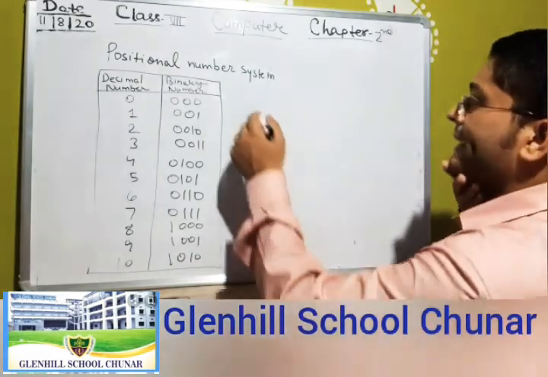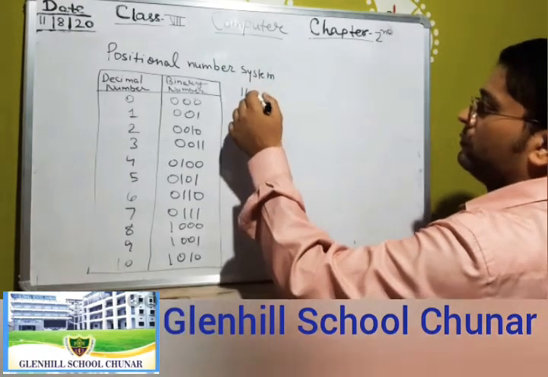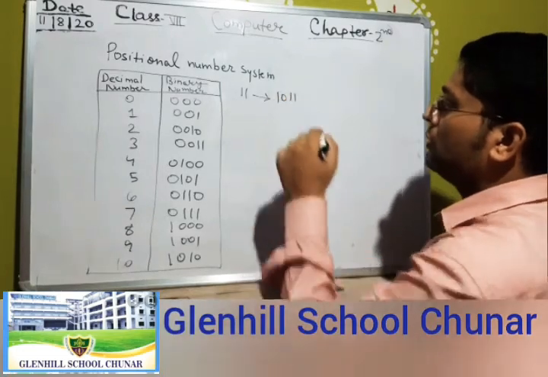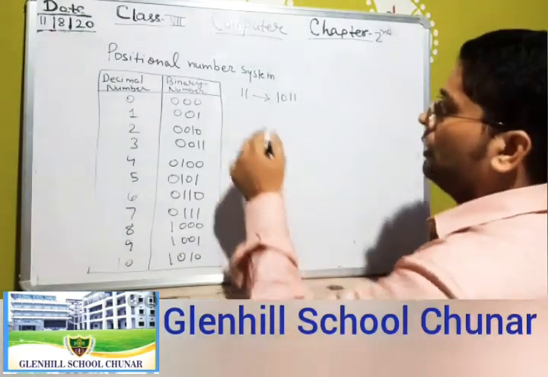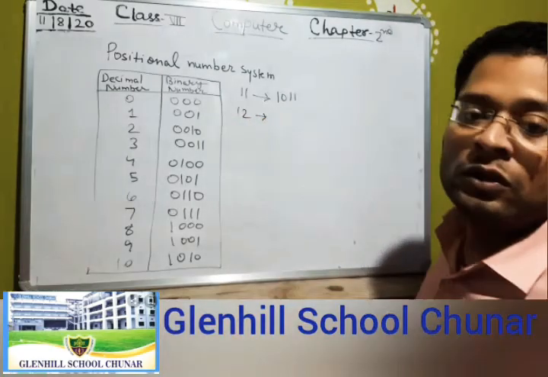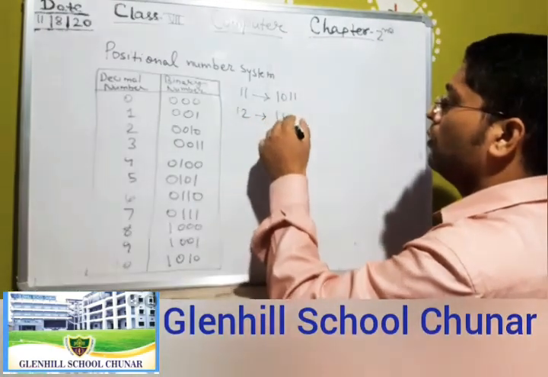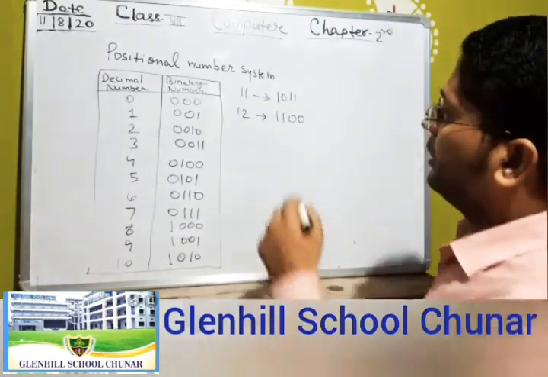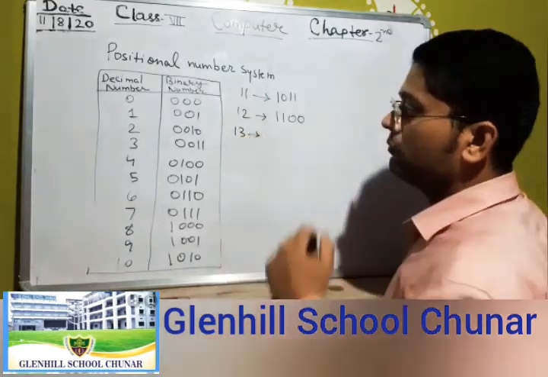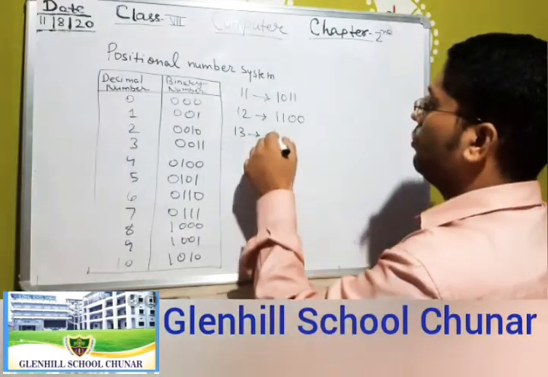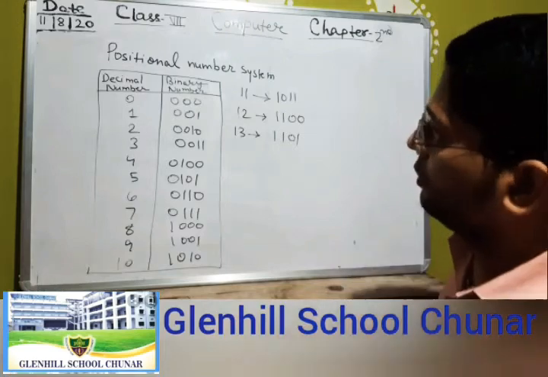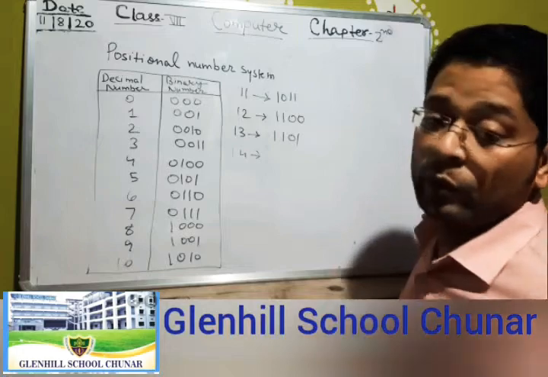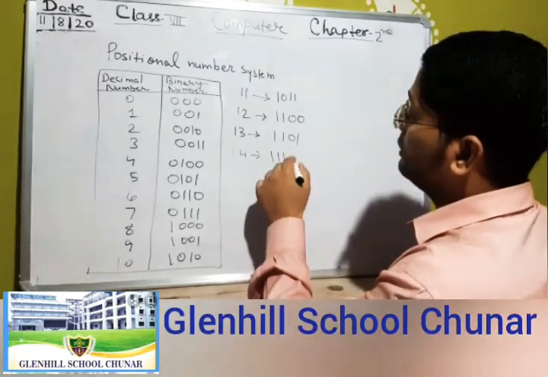Okay, and 11 is 1 0 1 1, and 12 is 1 1 0 0, and 13 is 1 1 0 1. Okay, students? And 14 is 1 1 1 0.